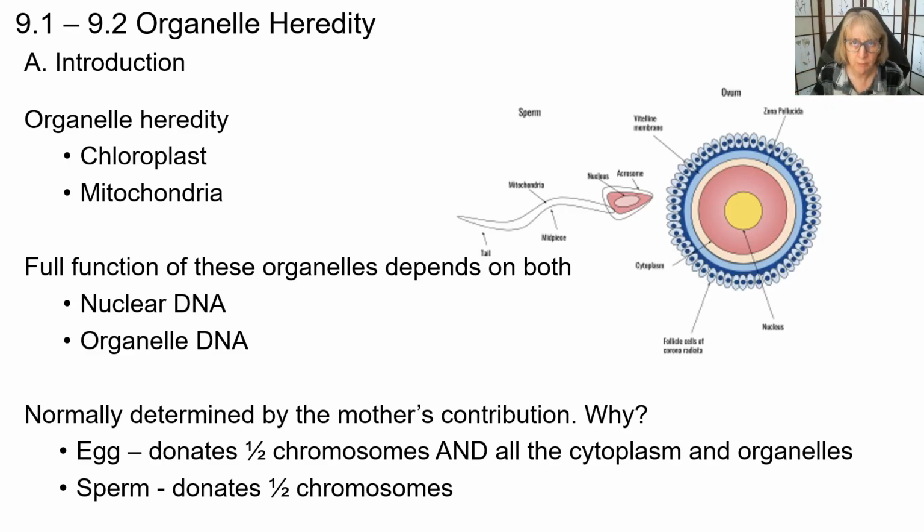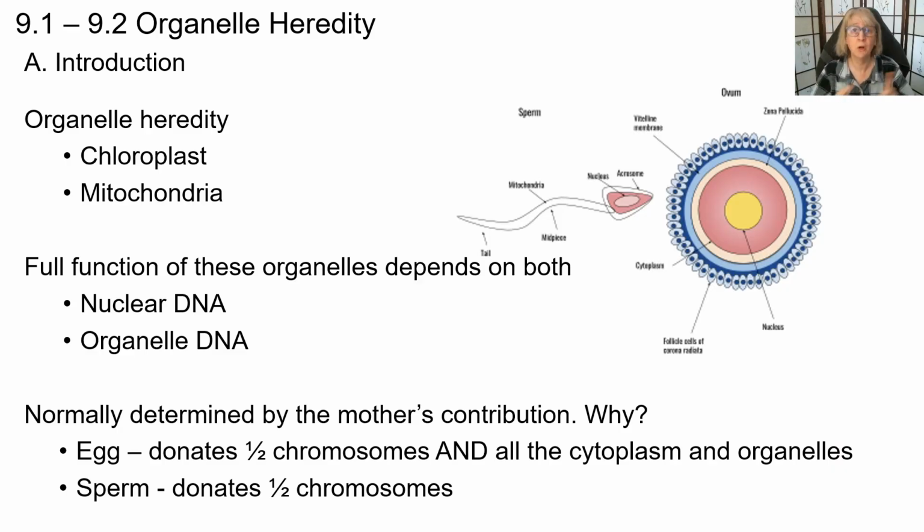Now, normally what we've been talking about is that the DNA that you're expressing is coming from the contribution from an egg from your mom and a sperm from your dad. Each gave you one haploid set, and you're diploid, you express a combination of your mom's and your dad's genes. It turns out your mom gives you a little bit more than your dad.